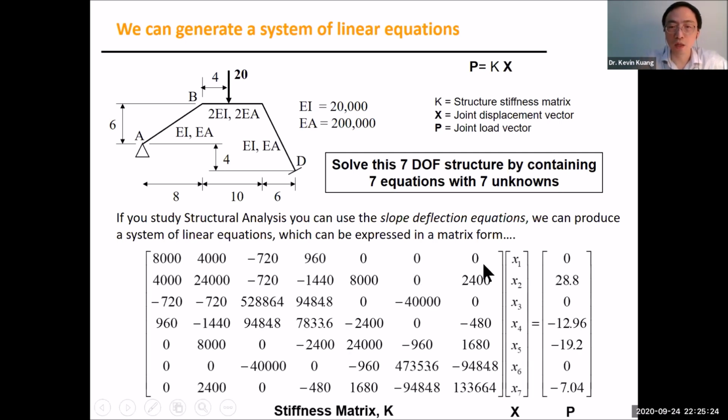You have a huge matrix A, called the stiffness matrix, multiplied by an unknown vector. These are the unknown displacements or rotations, either lateral displacements or rotations, at certain nodes where there are degrees of freedom. Using a method like Gaussian elimination, we can solve for the unknowns.